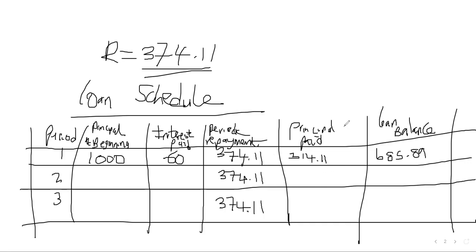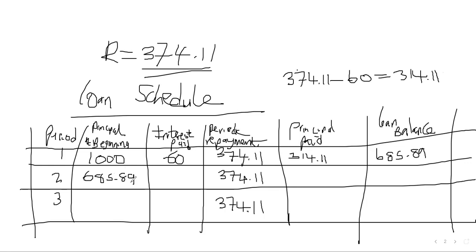So meaning principal paid, you are simply saying 374.11 minus 60. So we are getting the 314.11. Then here they have this balance 685.89.